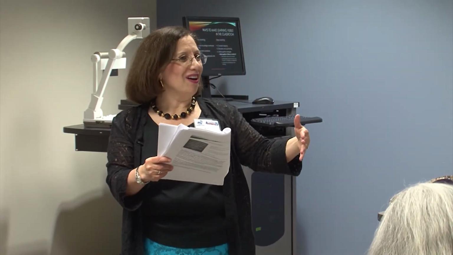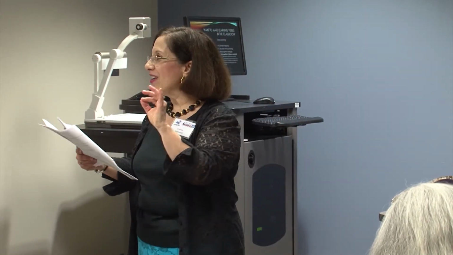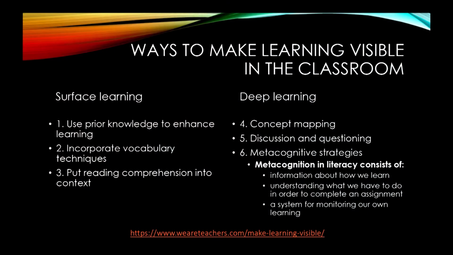You can use anticipation guides to correct that though, and to just get right in there and fix their prior learning. You incorporate vocabulary techniques such as mnemonics, using memory aids, word cards, modeling word solving, and word and concept sorts. These are things you can do in the classroom to make this happen.